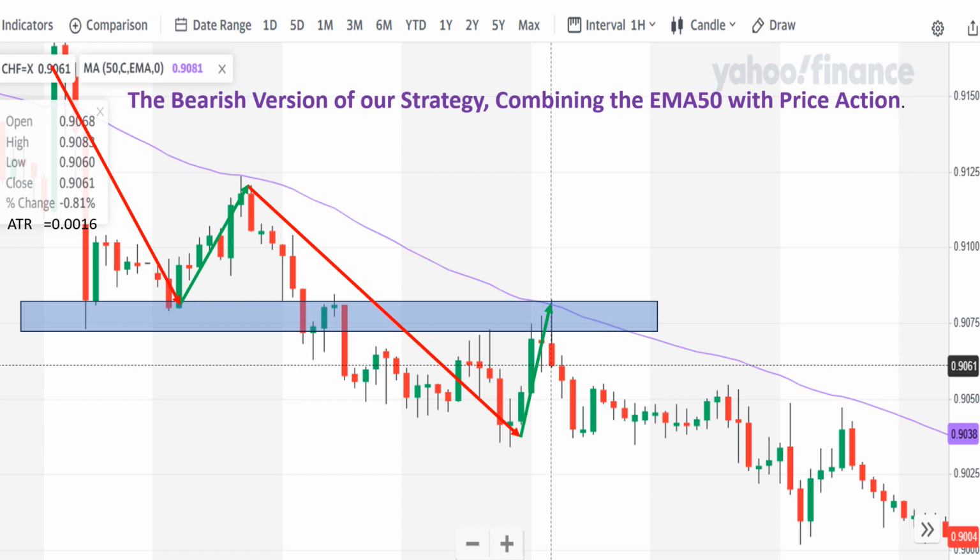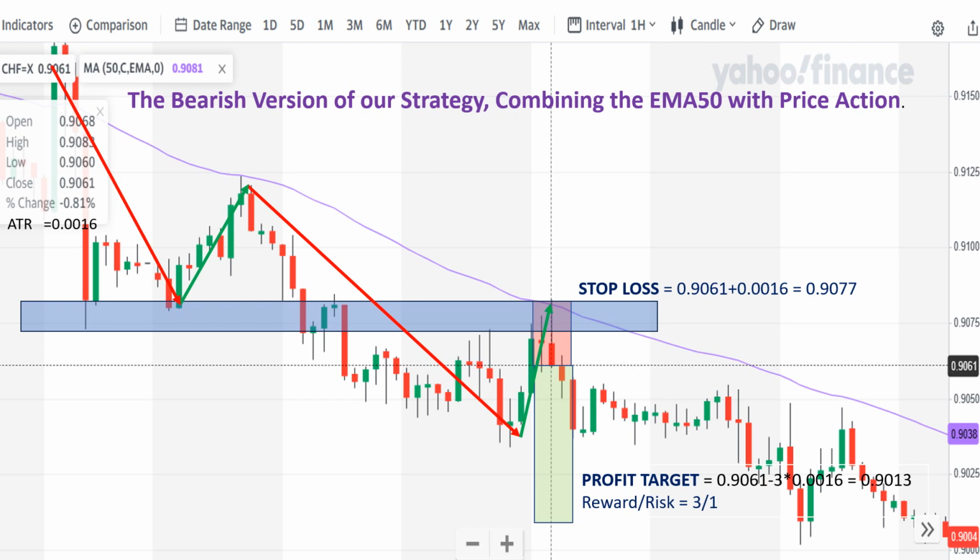Consider entering at the close price of this shooting star, placing a stop loss 1 ATR above its high, and setting a profit target at 3 to 4 ATR below its close. Detailed information about this candle is available in the top left corner of this slide.